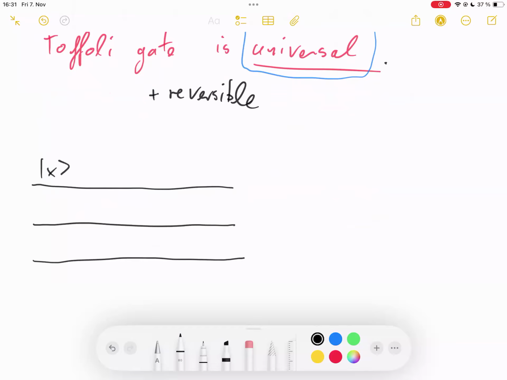Remember, we have X, we have Y, we have Z, and well, the Z is something I put here in red because we will manipulate the Z now. And so this is just the Toffoli gate as we've seen it before.